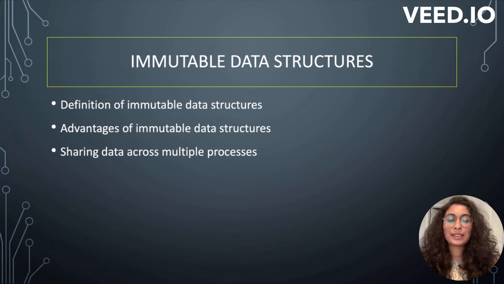So this makes it easier to reason about concurrent code, since you do not need to worry about race conditions and other synchronization issues. Immutable data structures also make it easier to build distributed systems, since the data can be shared across multiple processes without the risk of data corruption or anything like that. So it makes your system more robust and easy for concurrency.